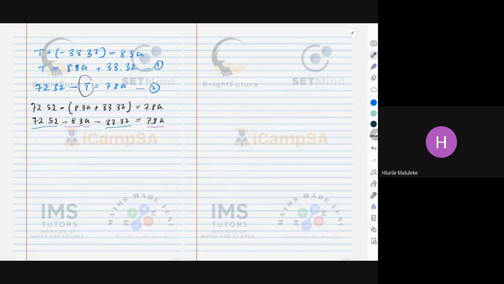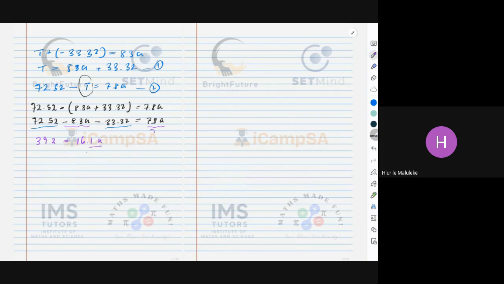That means here we're going to have 39.2, then equals to, this is negative. If we take it this side, it's going to be positive. So it's going to be 7.8 plus 8.3. So that means we're going to have 16.1a, right?